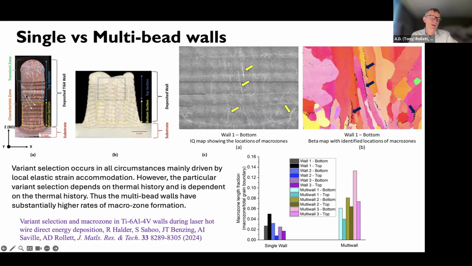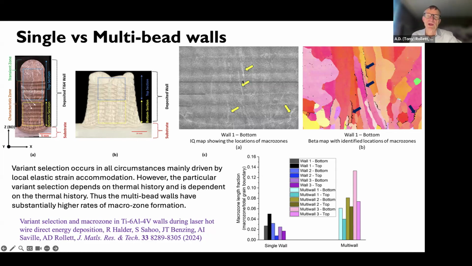So on the left was a single bead, like what I've shown you. On the right, what you see is a multi-bead wall. So in other words, depositing several tracks next to each other with enough overlap to form a monolithic piece. And when we looked at the microstructure in a bit more detail and paid particular attention to the grain boundary alpha, even in the image quality map, you can see these white streaks at certain of the boundaries between the beta grains.